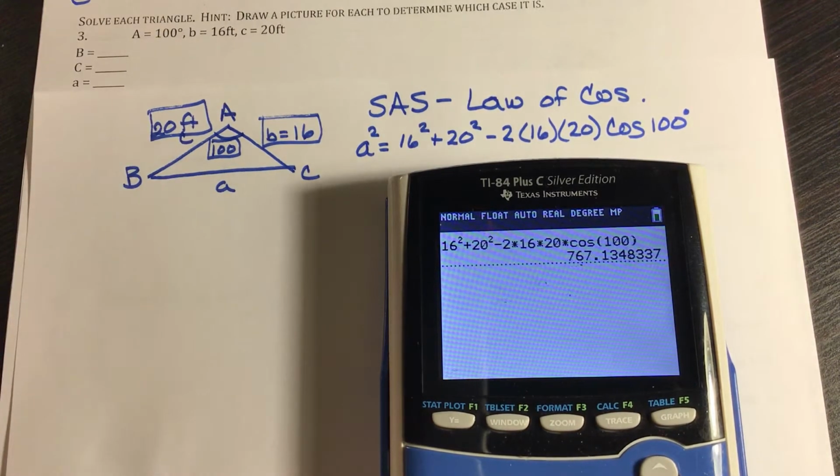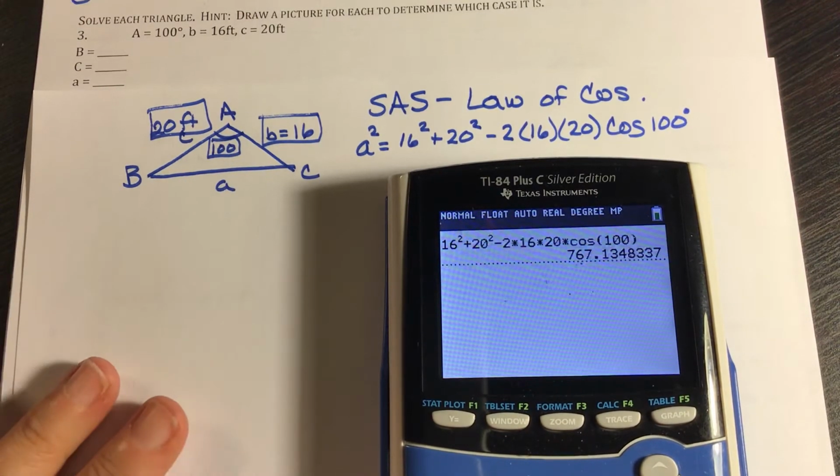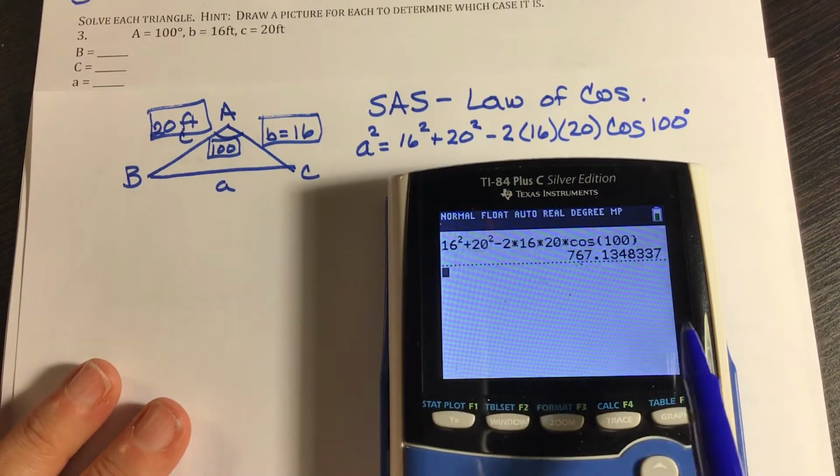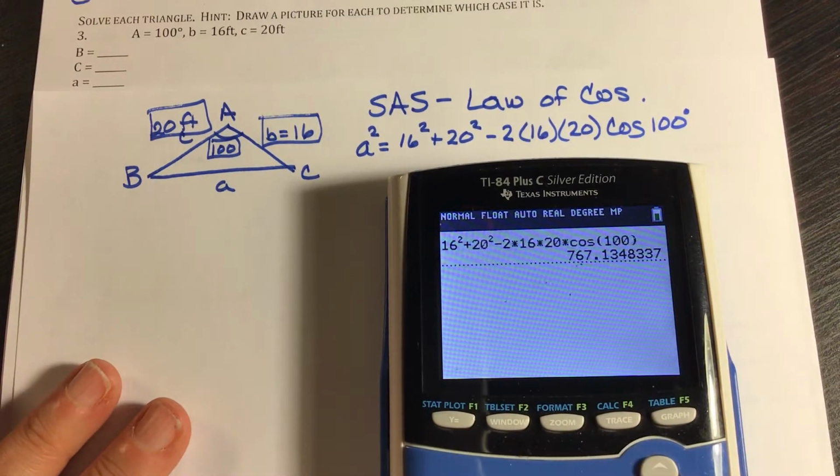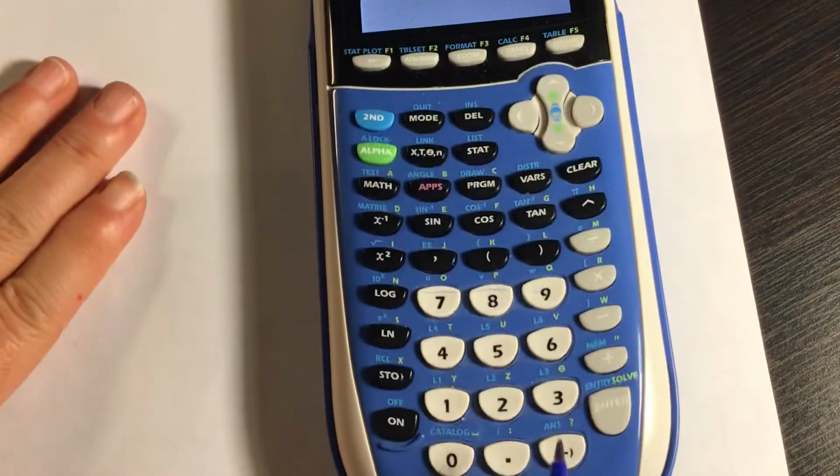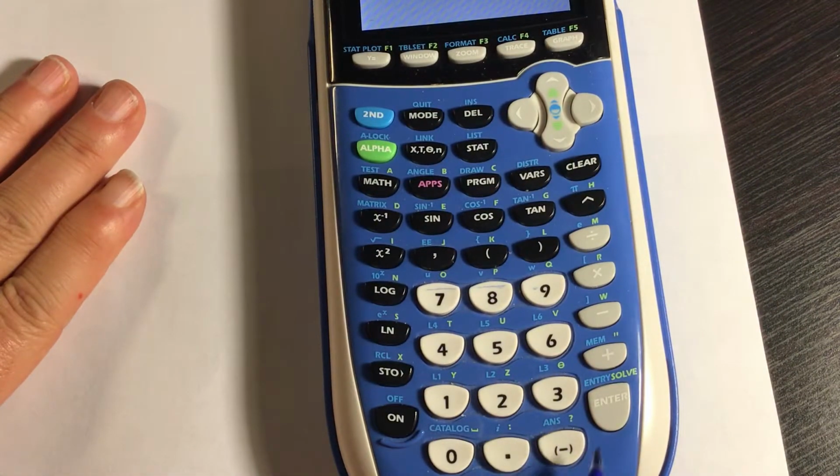Now that's going to give me 7.67, and that's what A squared equals. So if I want to find the value of A, I need to do the square root. Now, instead of typing all this back in, I can just type the square root, and to get the answer, above the negative key, it says answer.